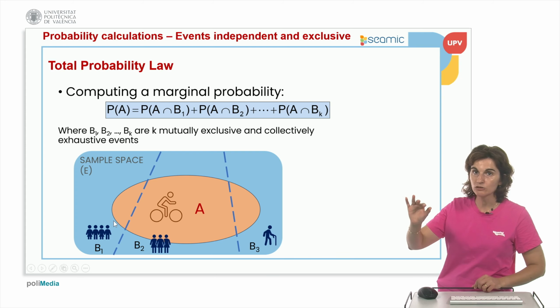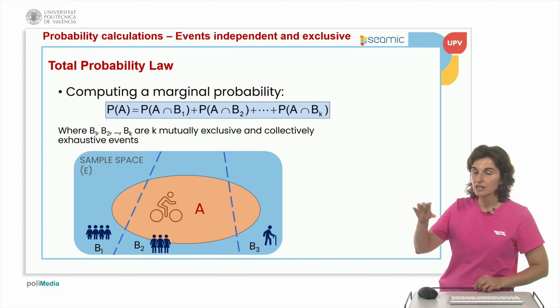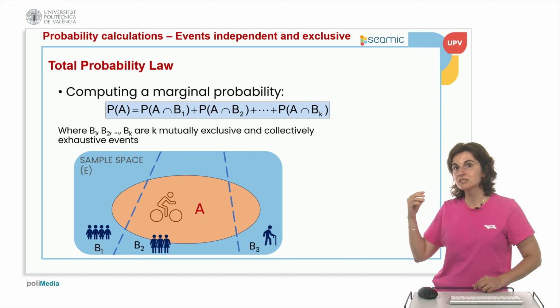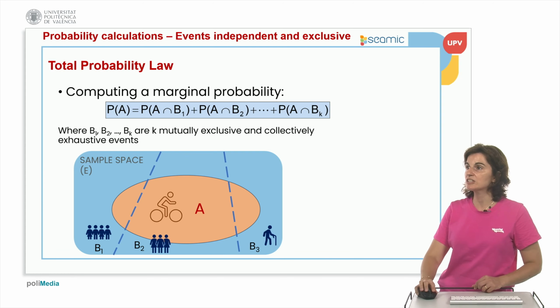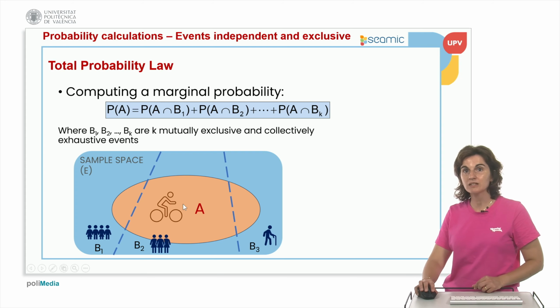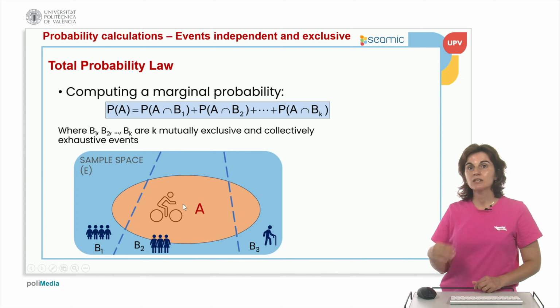It's a common area to both events. And something similar happens with the second event. The intersection between A and B2, of course, is this area that's defined by these straight lines here and these round lines that came from the shape of the ellipse, and so on.